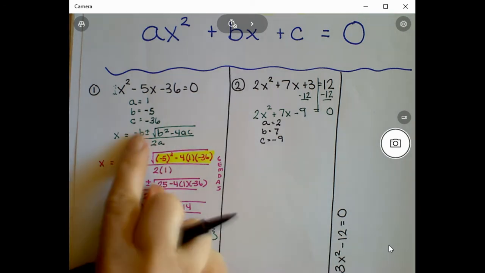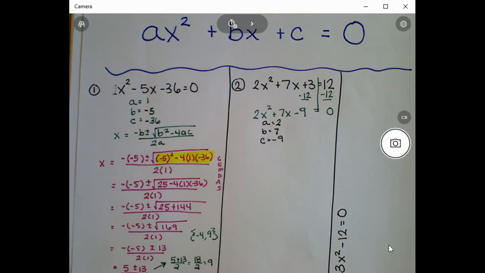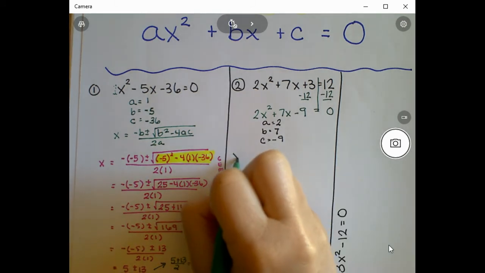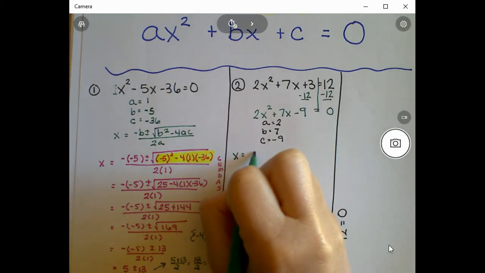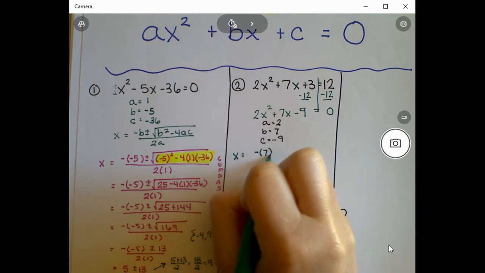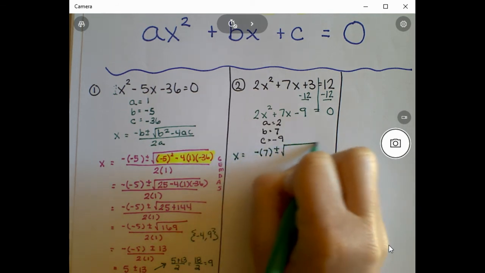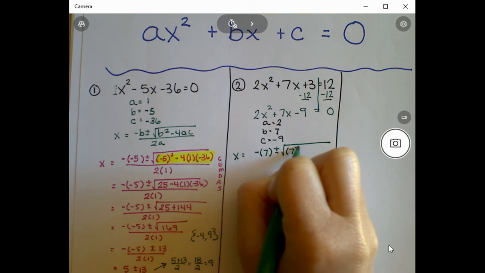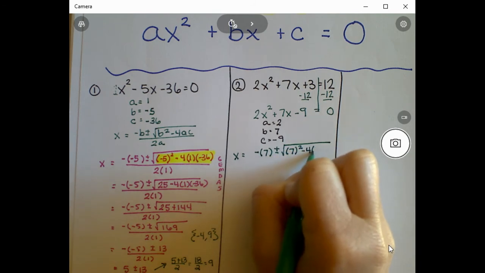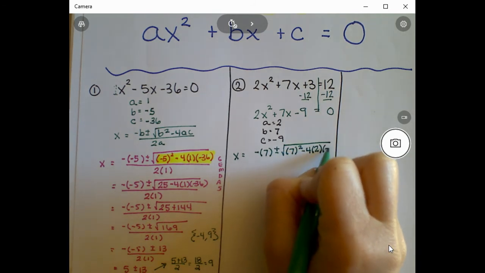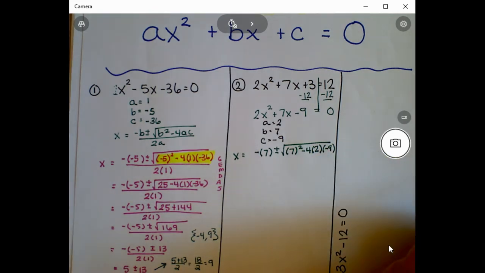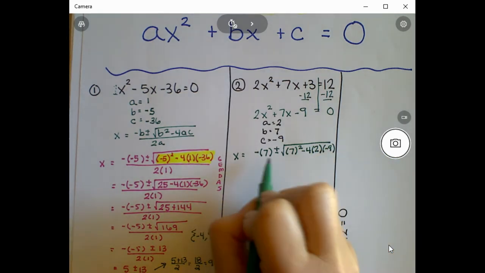And now we're going to substitute them into this formula. So x equals -b plus or minus the square root of b squared minus 4ac. Remember, I'm substituting everything in parentheses.